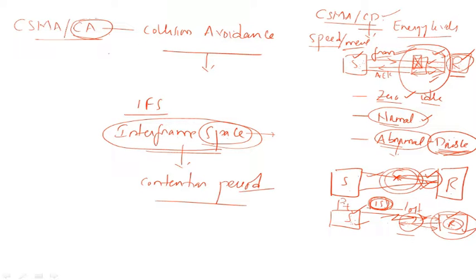Suppose while you are sending a frame towards the receiver station, another station is also sending data to this receiver station; then the receiver station also has to stay idle. So after this time period is over, the receiver cannot start immediately. Again, after the completion of this IFS time period, if any station is sending another IFS frame to this receiver station, the receiver station again has to wait.